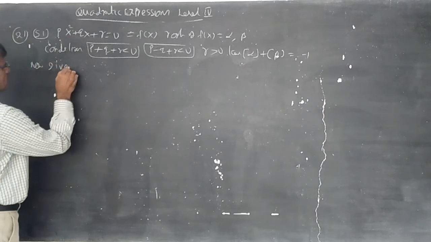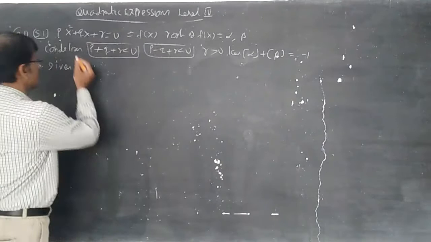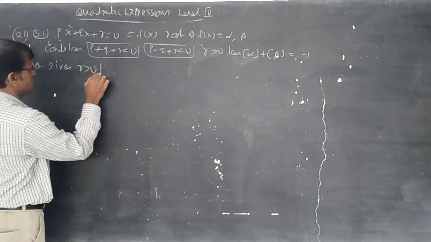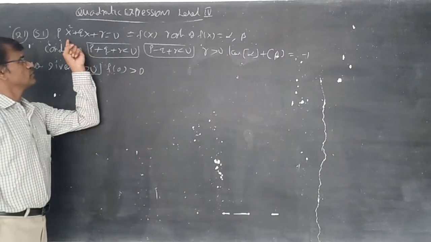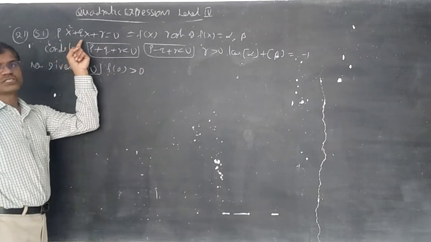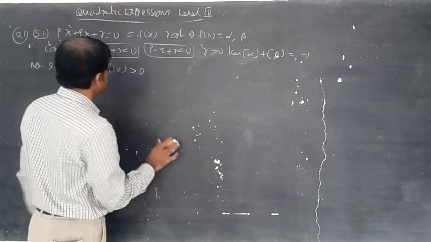Now, solution: given f of x, understand r greater than 0. Whenever r greater than 0, you can think f of 0 greater than 0. Substitute here 0 plus 0 plus r becomes r. That implies f of 0 greater than 0. Keep it aside.